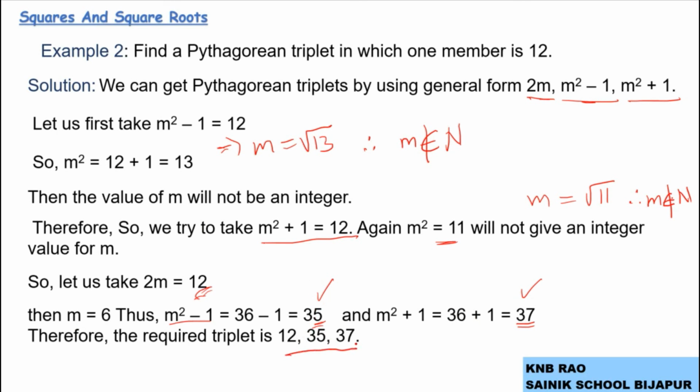So students, we learnt today square of a number ending in 5 and Pythagorean triplets, meaning of Pythagoras theorem, finding Pythagorean triplets using general form. So here I am giving you homework.